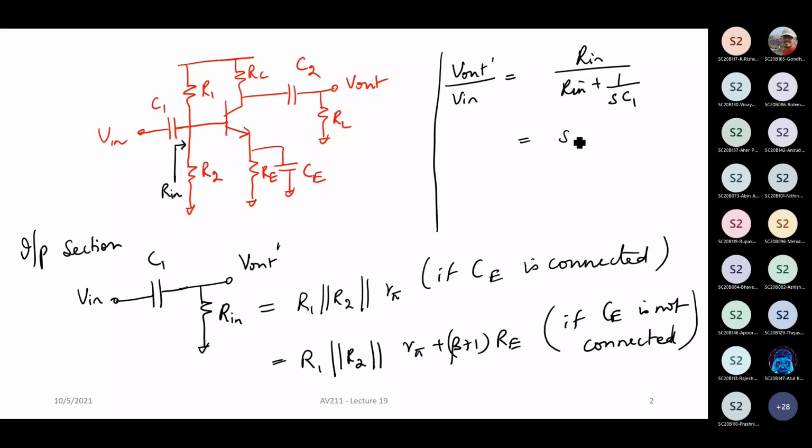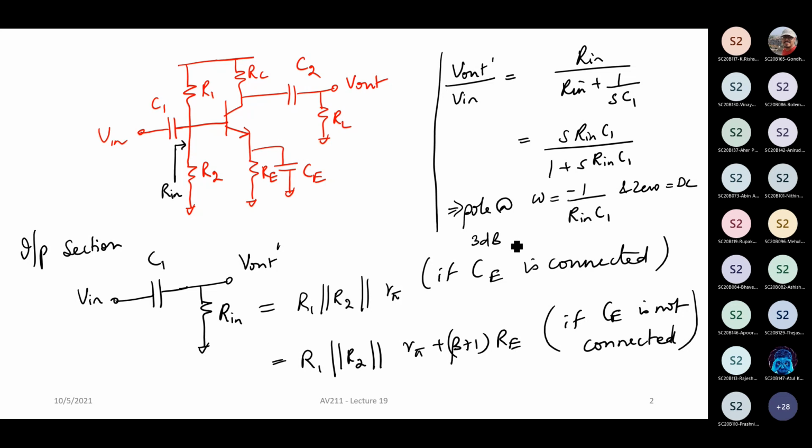So this turns out to be S times Rin C1 divided by 1 plus S times Rin C1. Which means that there is a pole at omega equal to minus 1 by Rin C1, and a zero at DC, which means that the 3 dB frequency is 1 by Rin C1.